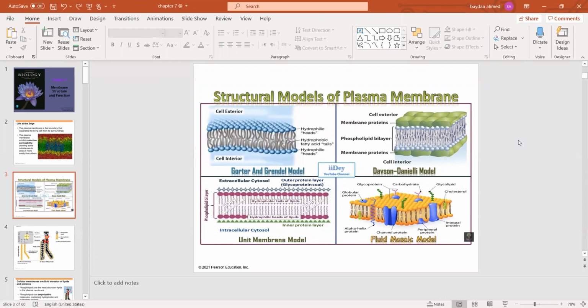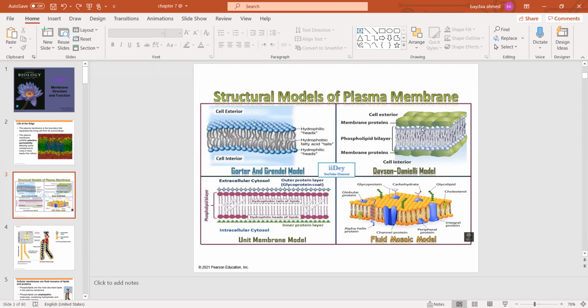In 1925, Gorter and Grendel stated that the plasma membrane is made up of a double layer of lipid molecules. They laid the foundation for future models of membrane structure. And in 1935, Davson and Danielli proposed a sandwich model: protein, lipid bilayer, and protein.